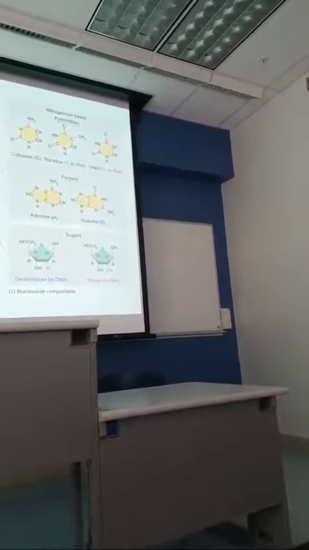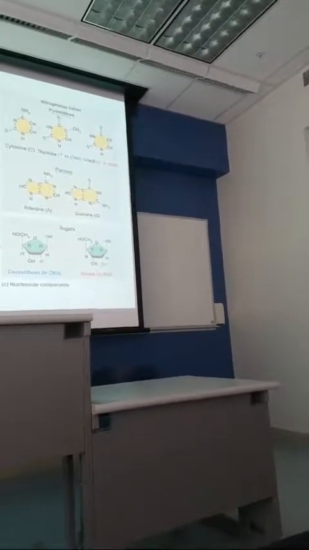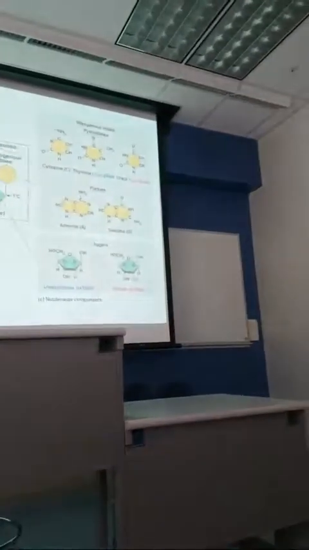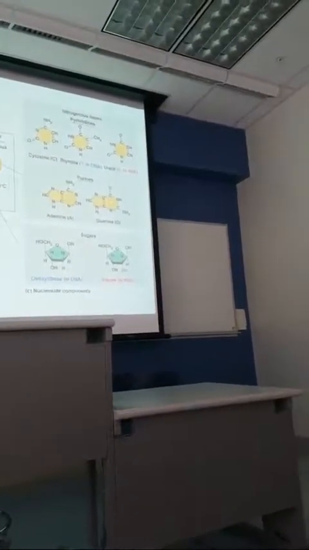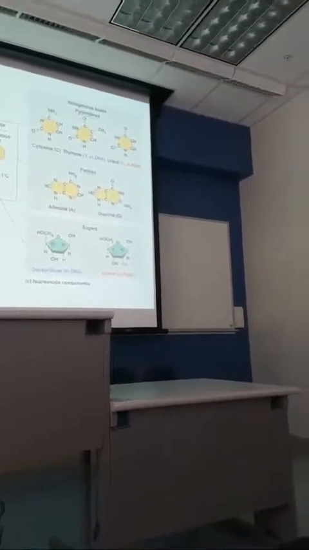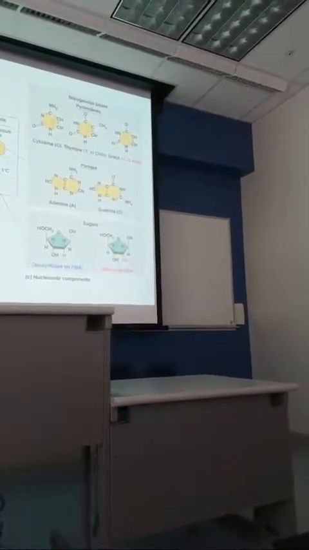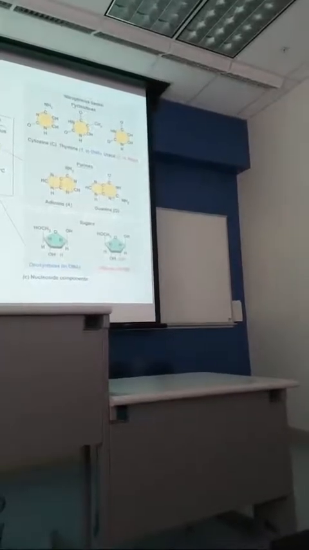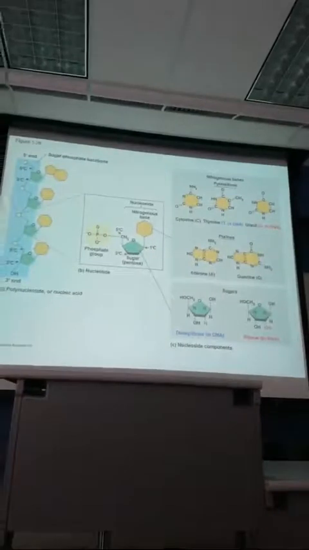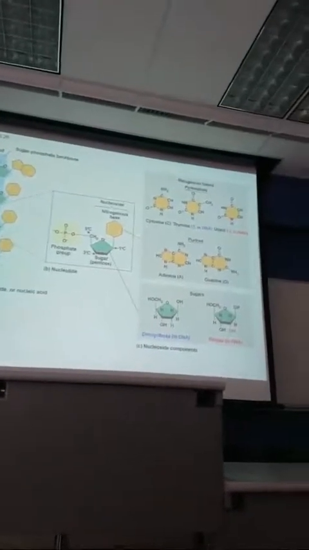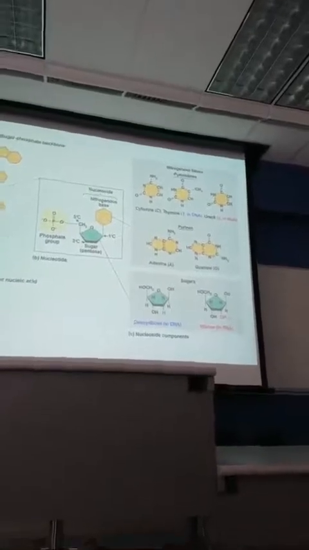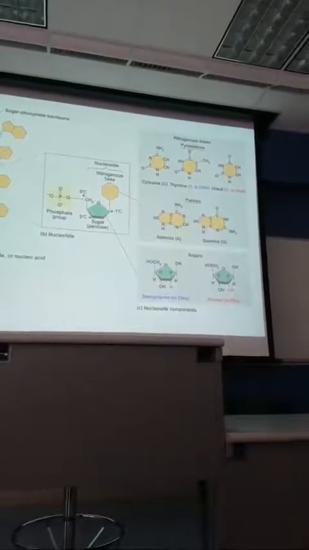There is a lot of importance to those. And these will be the sugars they're talking about, whether it's deoxyribose or ribose. You can just call it ribose for now. So we are going to have a phosphate, a sugar, and then some kind of base. That could be either a pyrimidine base with one ring, or it could be a purine base with two rings.